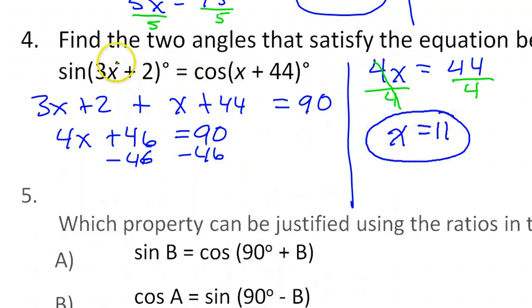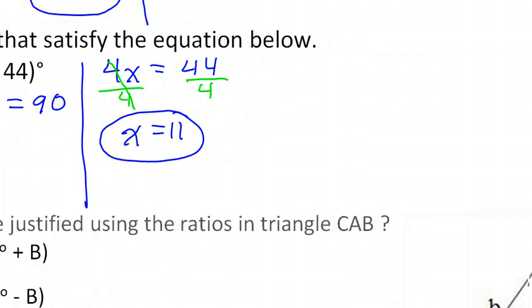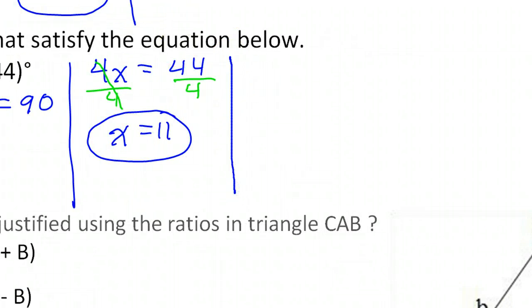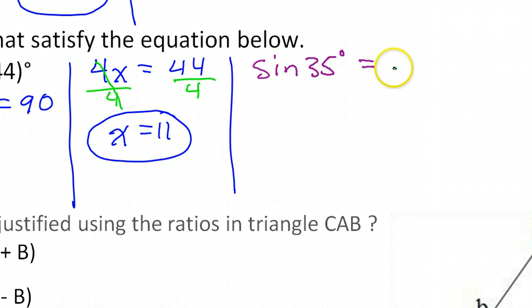So I'm going to take that 11 and put it back in here and here. 3 times 11 is 33, plus 2 is 35. I just feel like changing colors. I'm getting bored. So that's going to give me the sine of 35 degrees. Now these angles have to be complementary, so the other one had better turn out to be the cosine of 55 degrees because that's complementary.